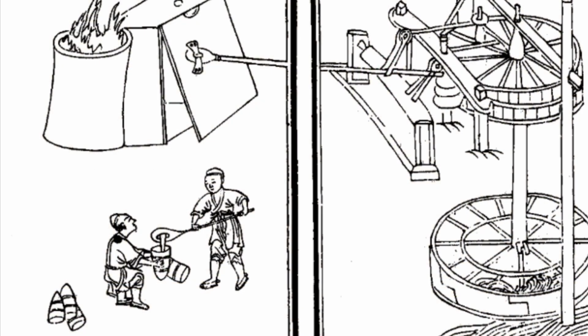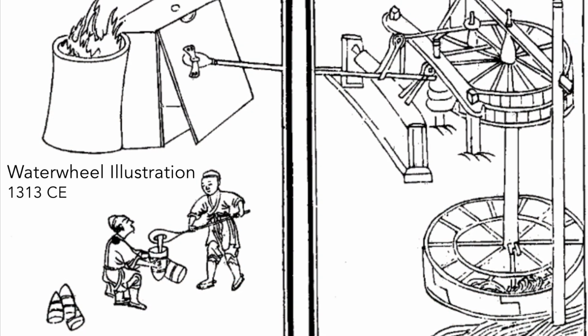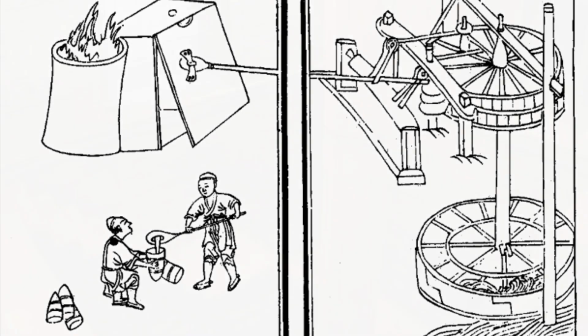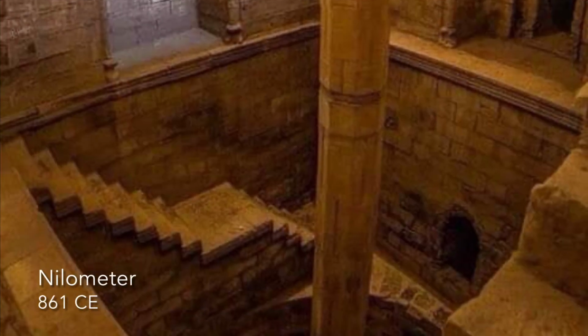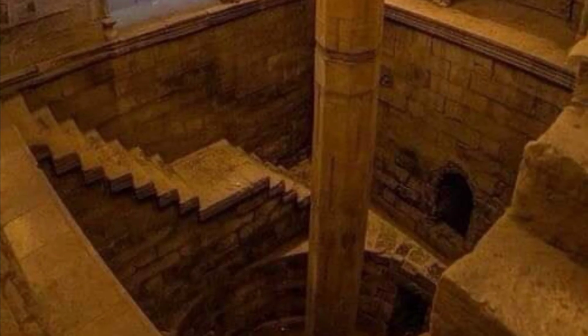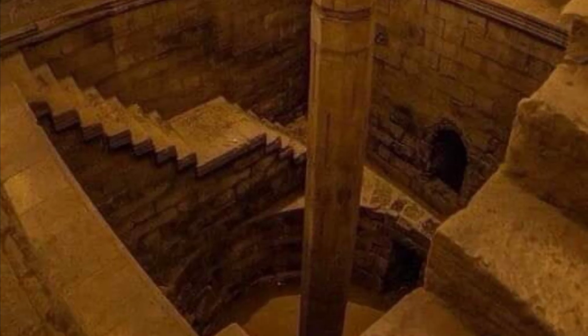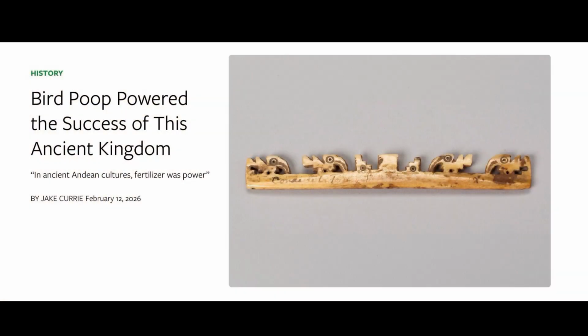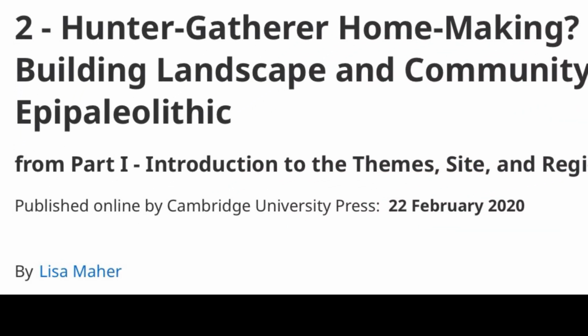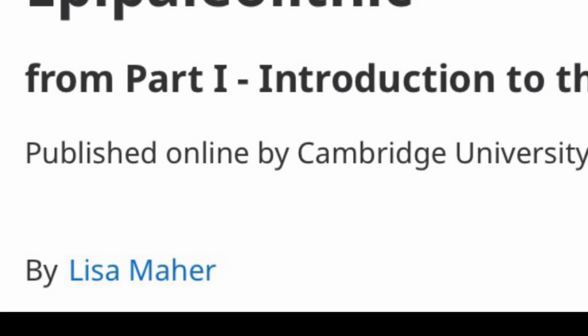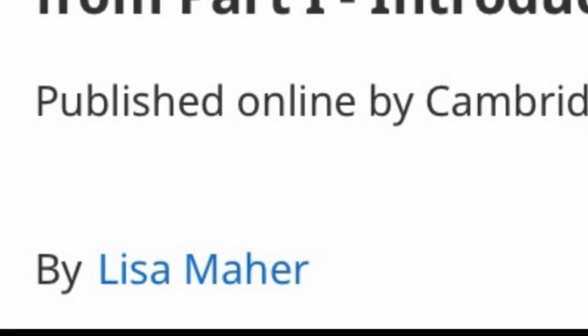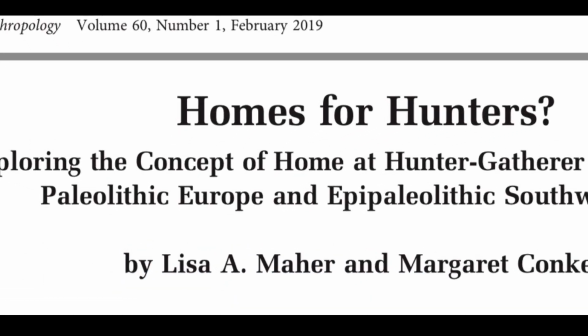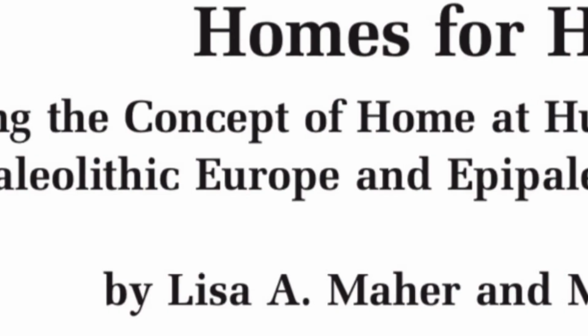The ancient Chinese invented water wheels for grinding grain and irrigation. The ancient Egyptians built nilometers to measure the Nile River water levels, and the ancient Andeans even found their own special fertilizer. Here to talk specifically about the agricultural innovations pioneered by the ancient Mesopotamians is anthropology professor Lisa Mahar.